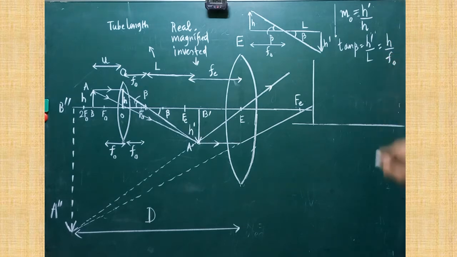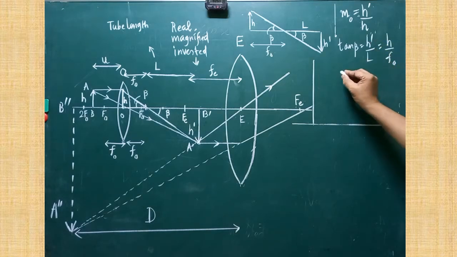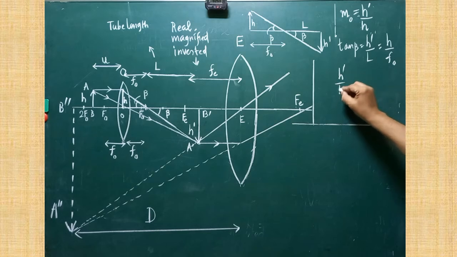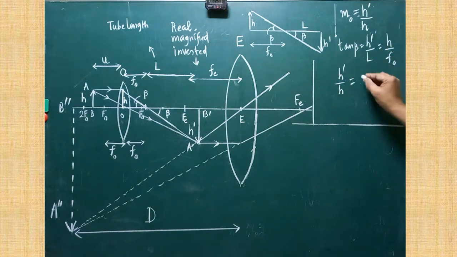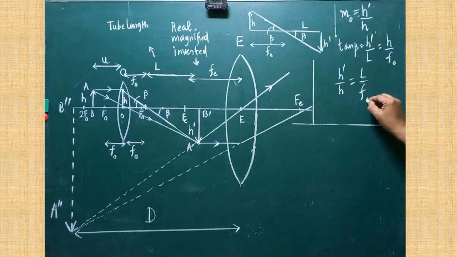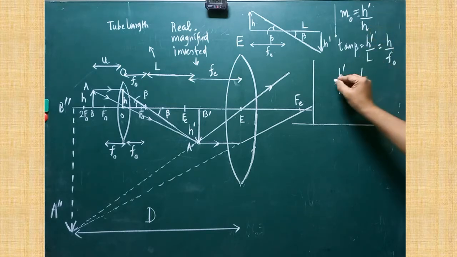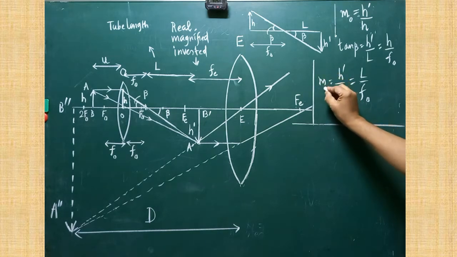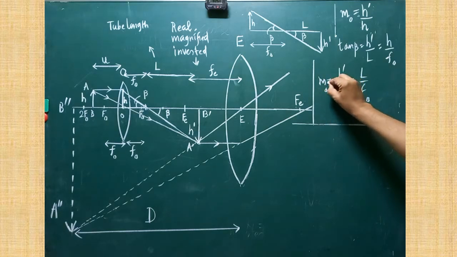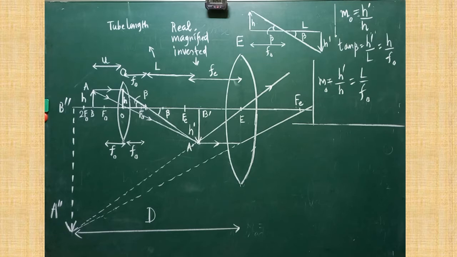From this you are able to get h dash by h. Just cross multiply this. After cross multiplying, h dash divided by h is equal to, this L will go up, L divided by FO you will get. h dash by h is nothing but MO. What is MO? MO is called magnification which is produced by the objective lens.